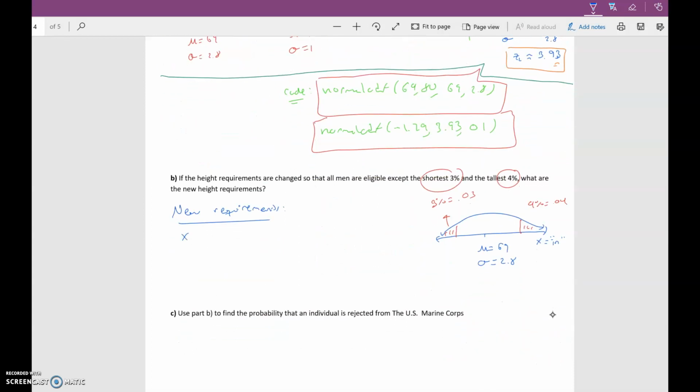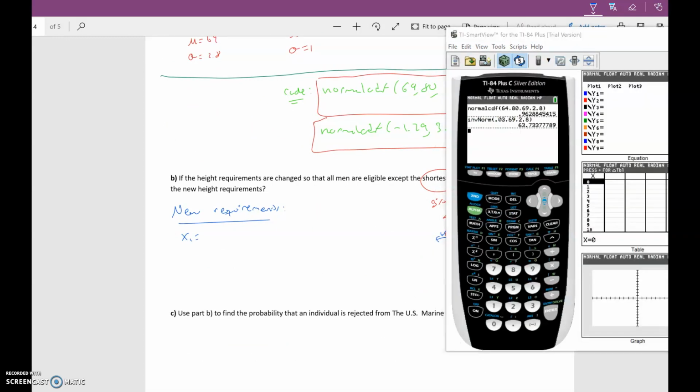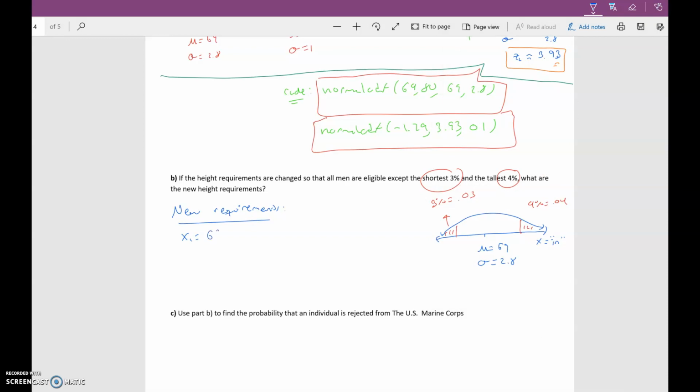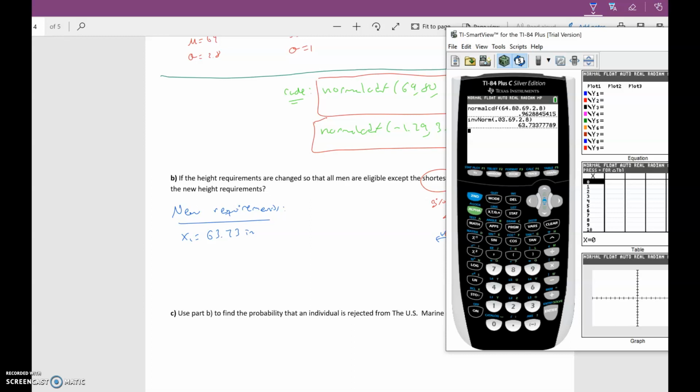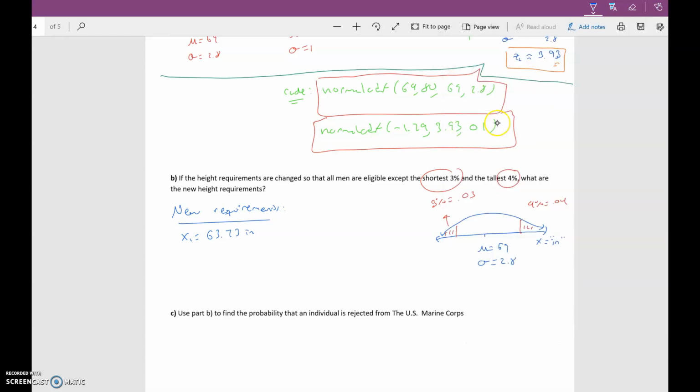So your x1 is equal to 63.73 inches. And obviously you would write the code. Let me just show it again. And that's because for that specific first score, you have 3% of area to the left.